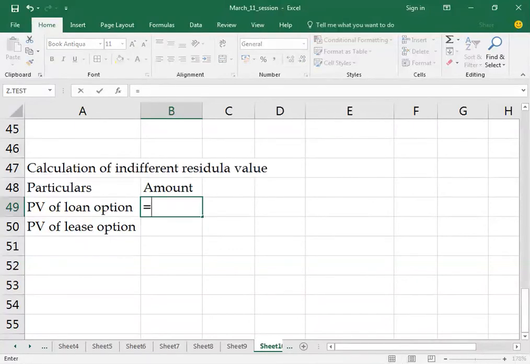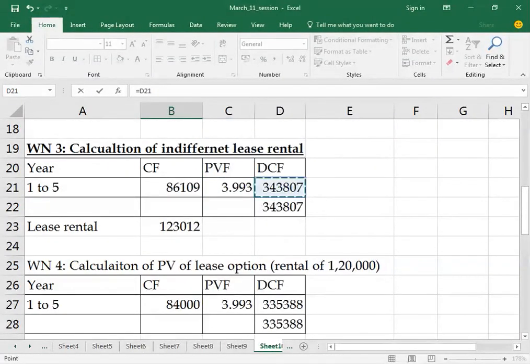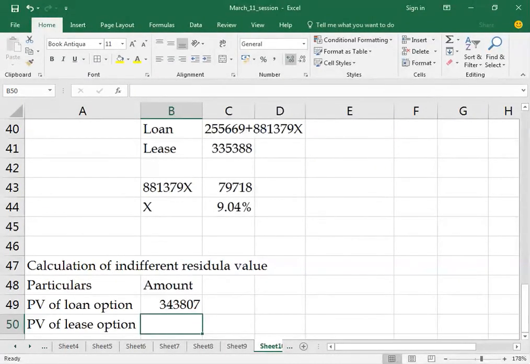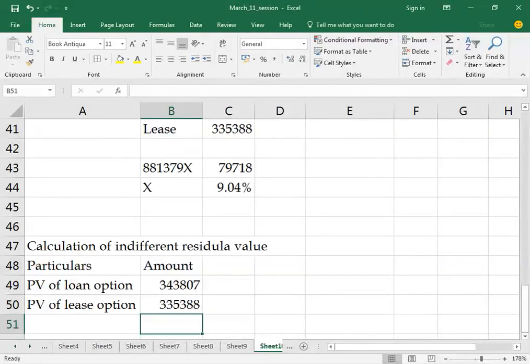My today's present value of loan option is 343,807. Lease option is 335,388. Now I have to reduce the loan option, and that is through which item? Salvage value. I have to reduce the loan option through salvage value.